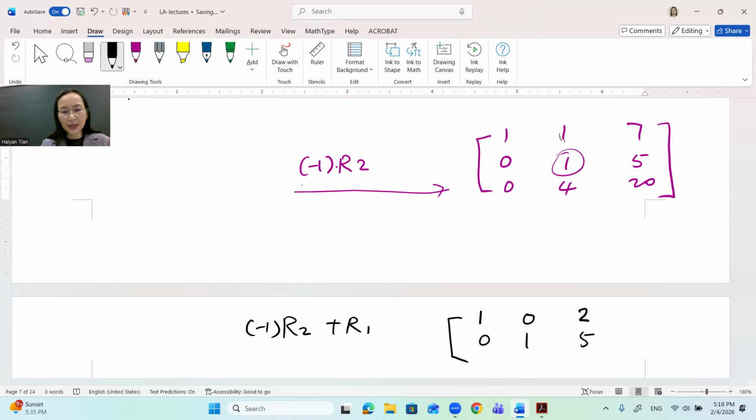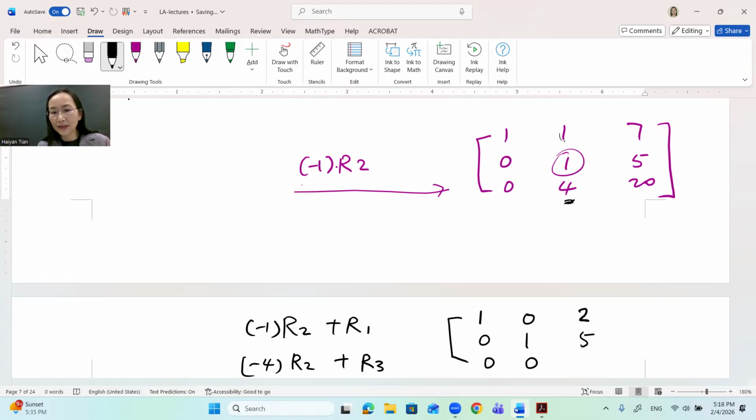And again, at the same time, we also want to make this 4 a 0, right? Replacement of the third rule using the second rule. So the second rule times -4 added to the third. That's a replacement of the third rule. So we get 0.